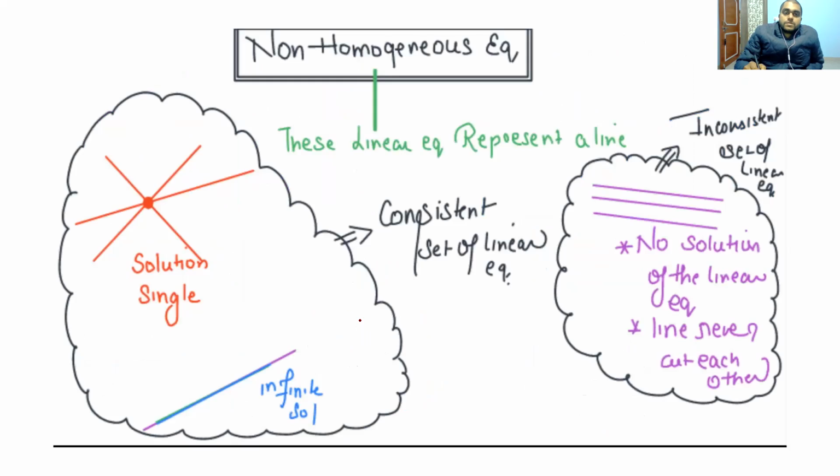In a non-homogeneous equation, we have three types of condition. First is single solution, second is infinite solution, and third is no solution.